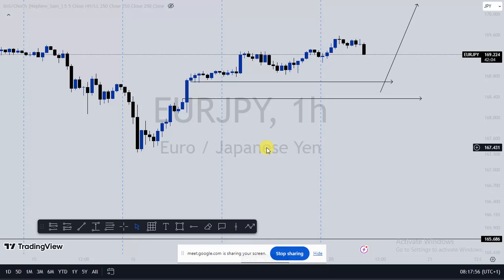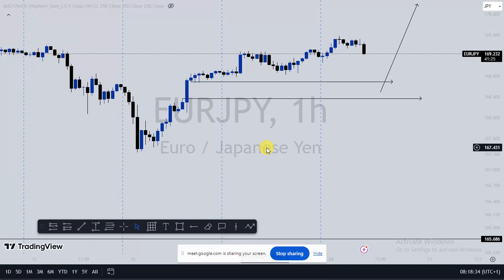If you remember what ICT taught about Power 3, from 12 a.m. on Monday, if you're in Nigeria, you want to see where this first price action is leading to. It will first go to an institutional reference point before it continues the move.